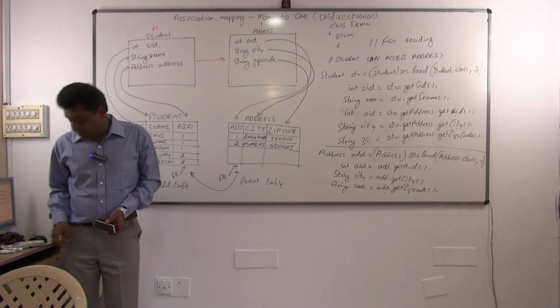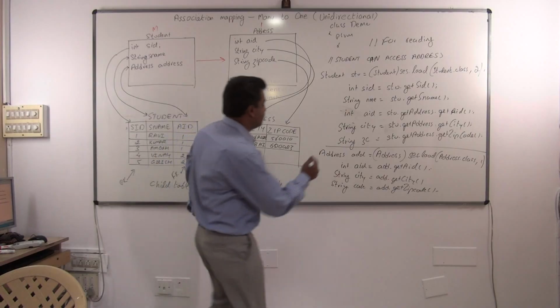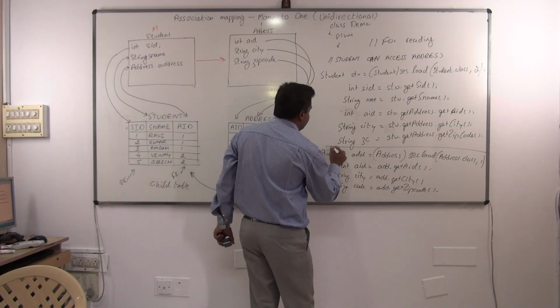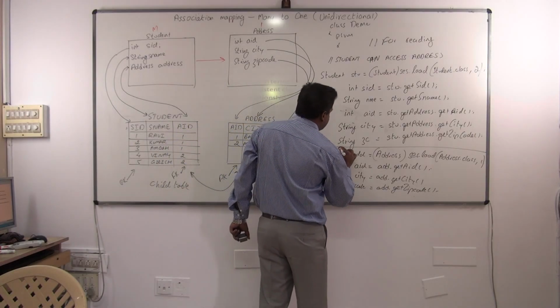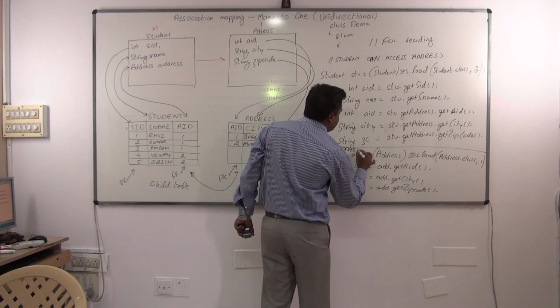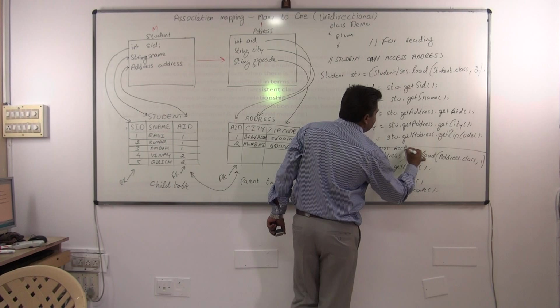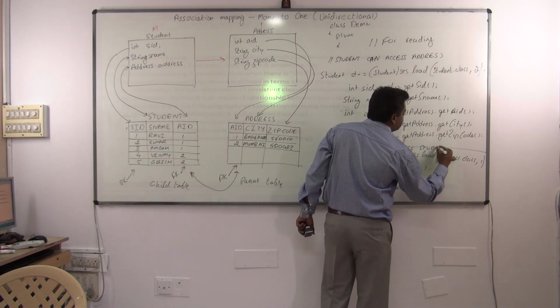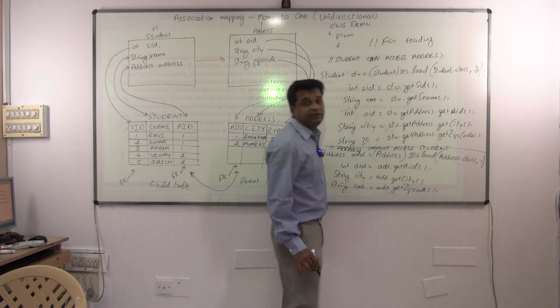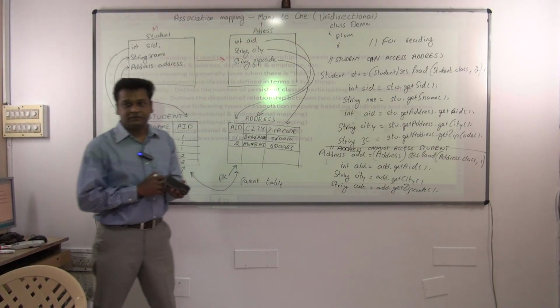So here you can write an extra point. I am not having space, but here you write: address cannot access student because of unidirection. Yeah? Fine.